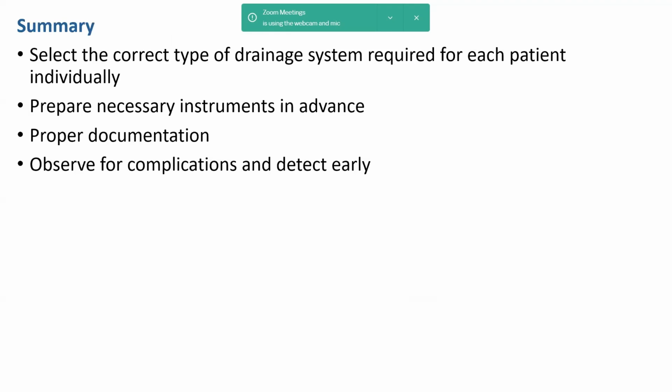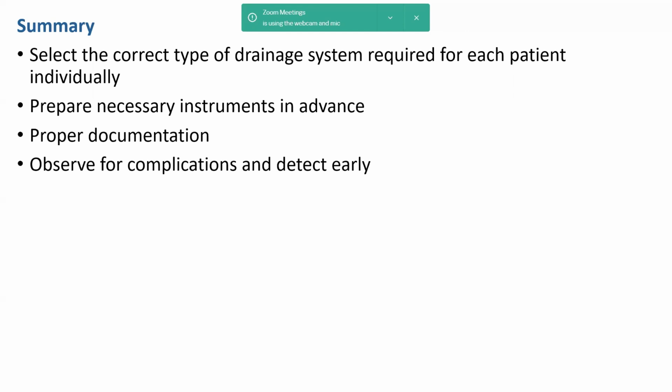In summary, we have to select the correct patient and the correct type of drainage procedure, because not every patient requires an ICD tube, and it's not an easy thing to do. So you need to identify the indication clearly and select the correct method of drainage for the particular patient.